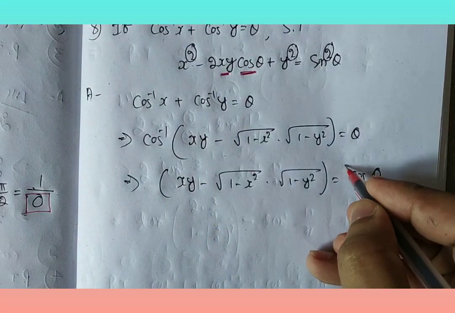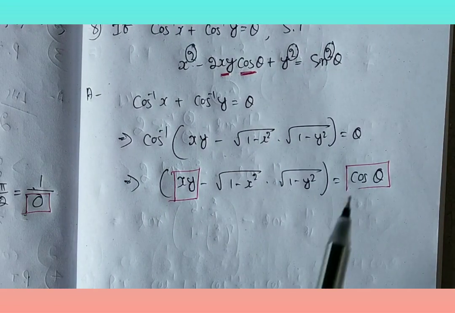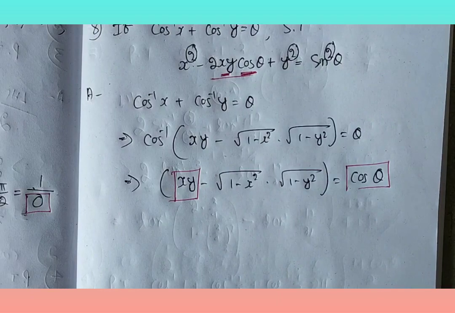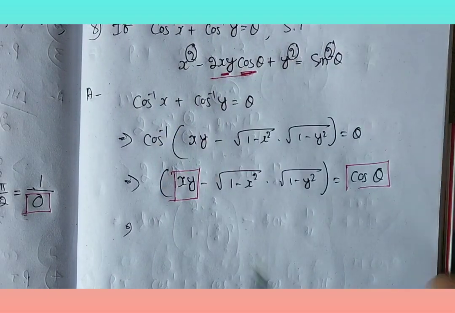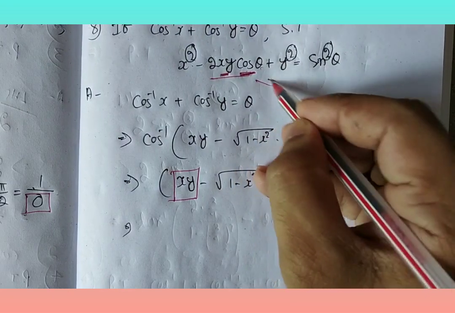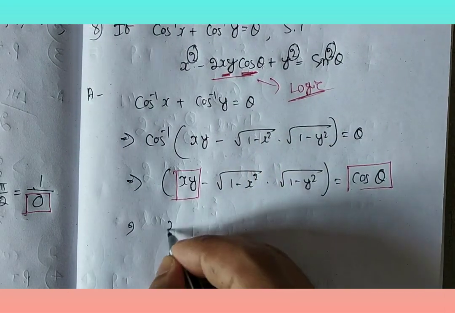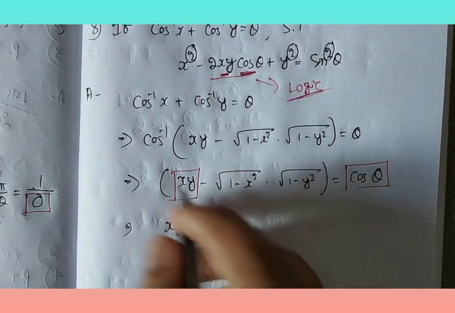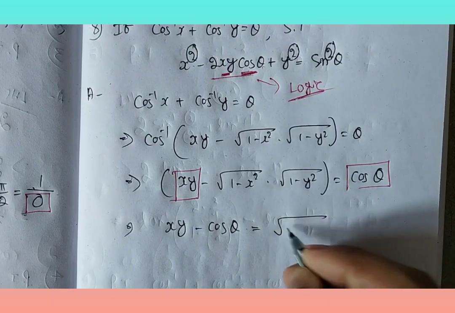That means we have to bring these two terms together, then we will get this result. Otherwise we will not get this result. This is the logic of this question. Make it together: xy minus cos theta. And take this term to the right hand side.